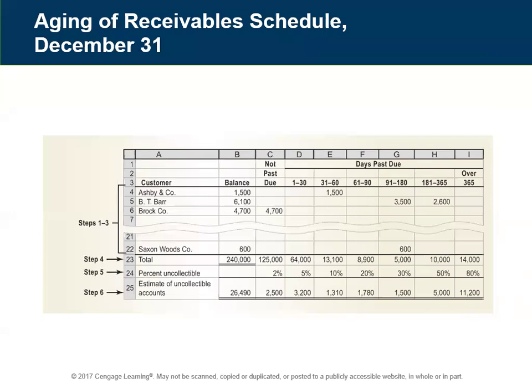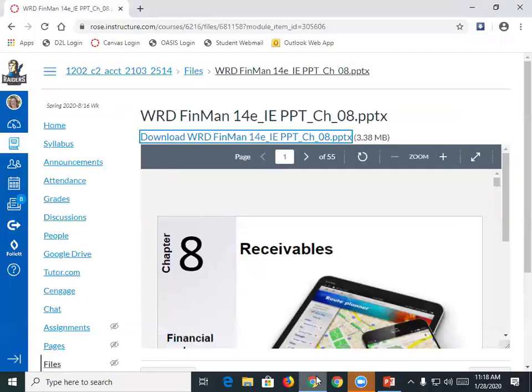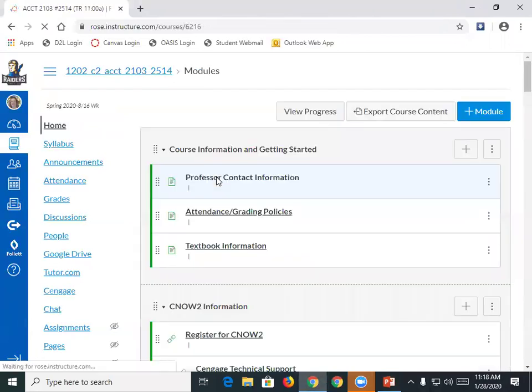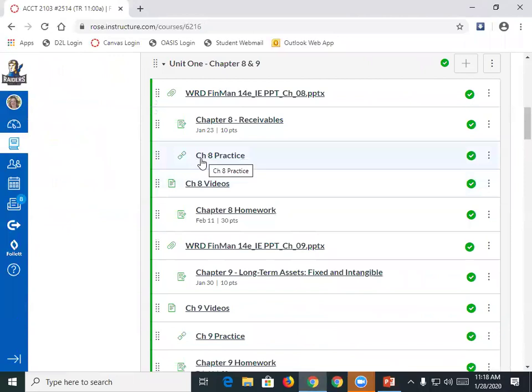But before we move on there, we're going to do an example together and just do an aging of accounts receivable before we talk about the journal entry part. So if you haven't already, go ahead and log into Canvas and open back up that Chapter 8 practice that we were working on last Thursday.